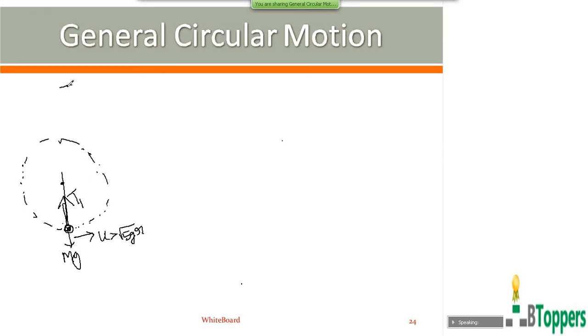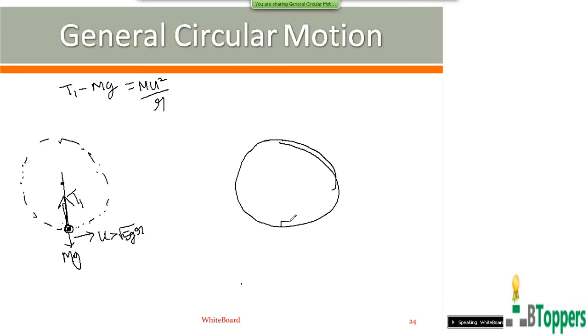So at the lowest position we write T1 minus mg equal to mu square by r, or mv1 square by r. In a similar way, consider a block of mass m moving around a smooth circular track in the vertical plane.